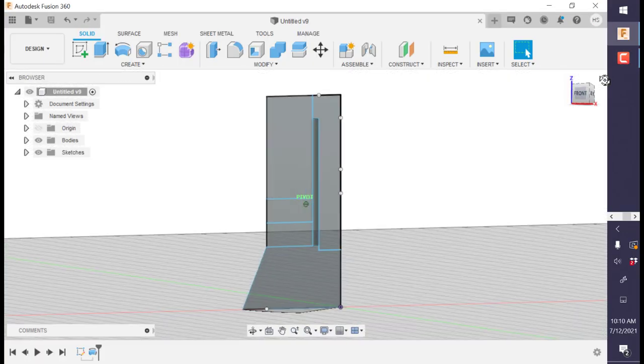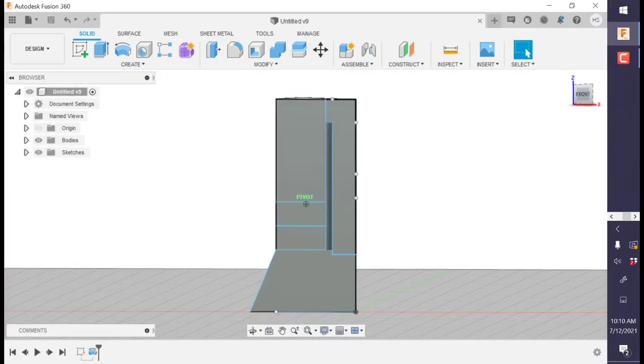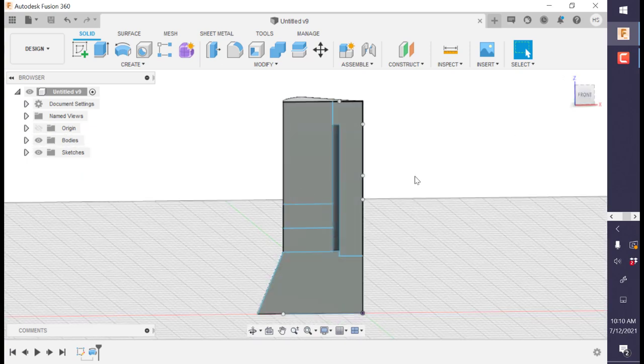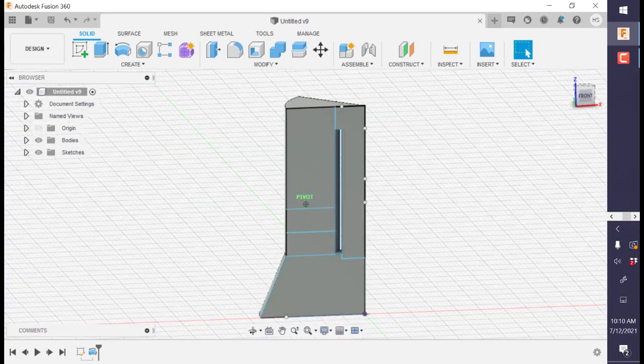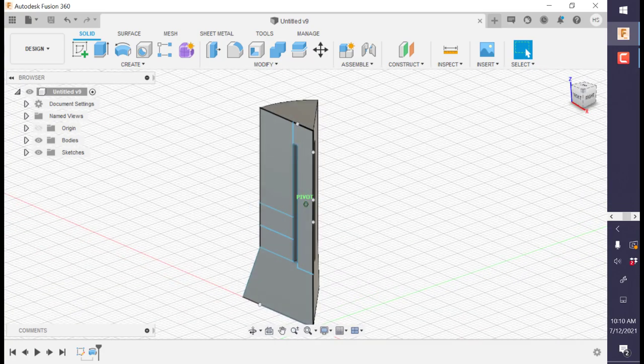So here I've drawn a two-dimensional axisymmetric model of an ultrasonic cleaner where you have your front mass, a back mass, what we'll use as a bolt, and some piezo ceramics. If this was revolved around 360 degrees, that would give us our transducer.